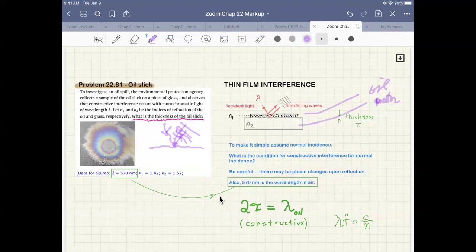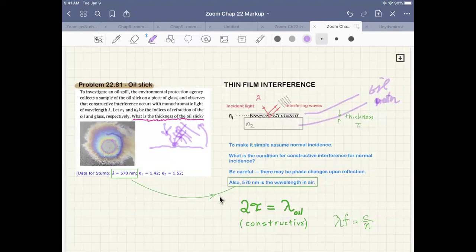Now, of course, the sunlight is white, which is all the wavelengths. So the outgoing waves here will have all the different wavelengths. And at some angles, you'll have constructive interference for a given wavelength. So out here, you'll have constructive interference in blue.